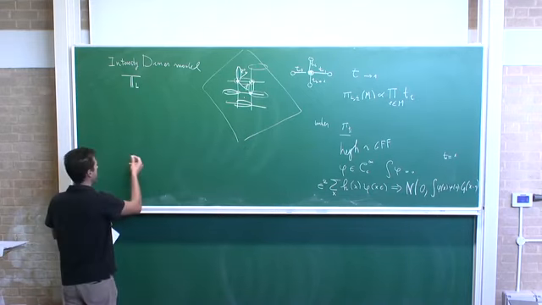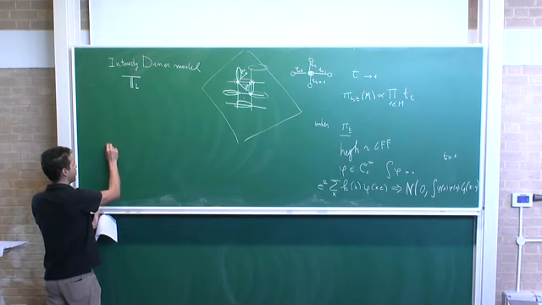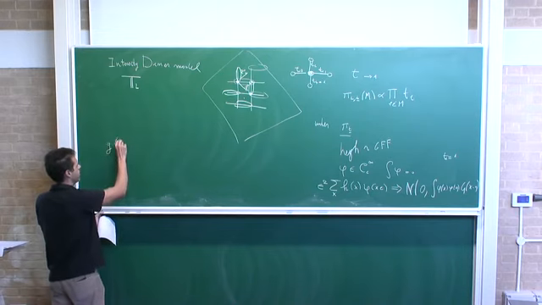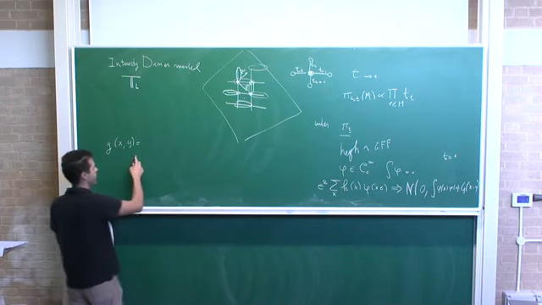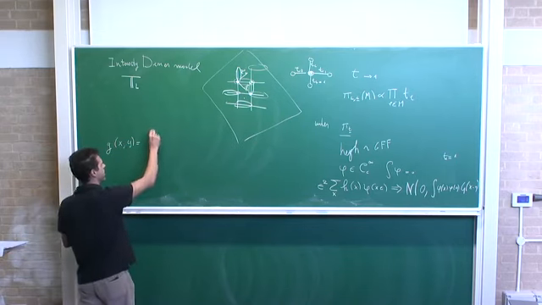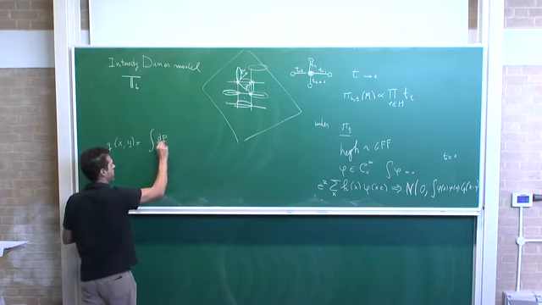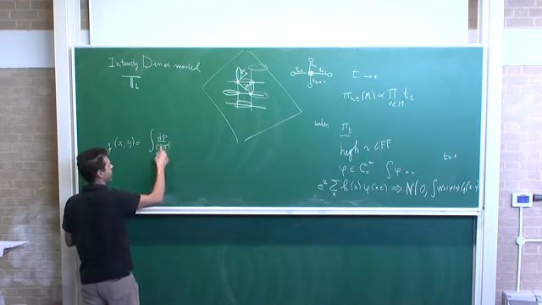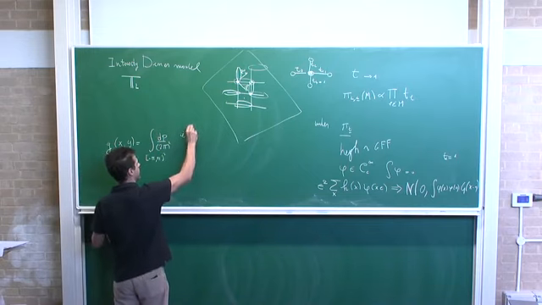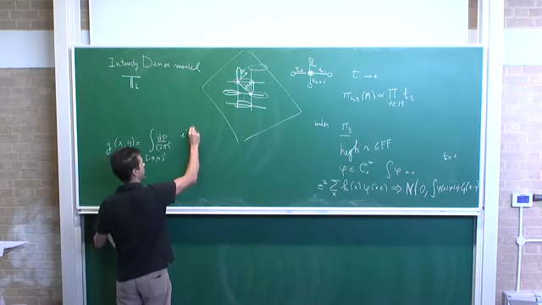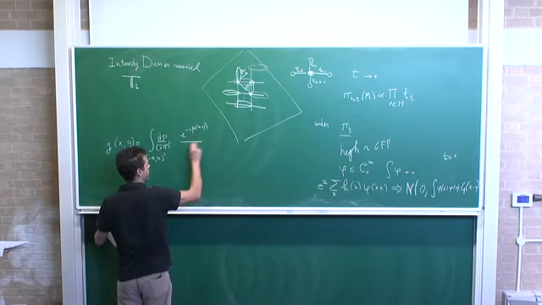One object that will play an important role, already last time but also this time, is the propagator of the non-interacting model, which is defined as the integral on the two-dimensional torus, minus pi squared, of e to the ip·(x minus y) times a certain function mu of p.